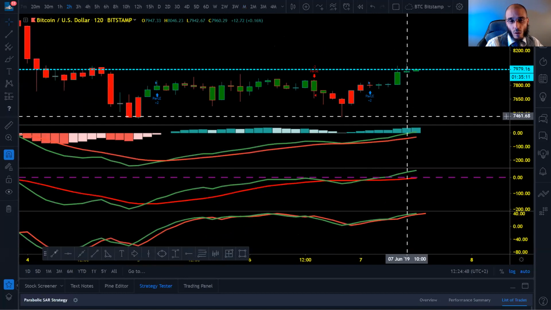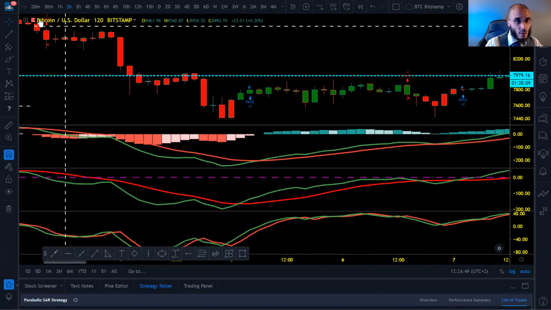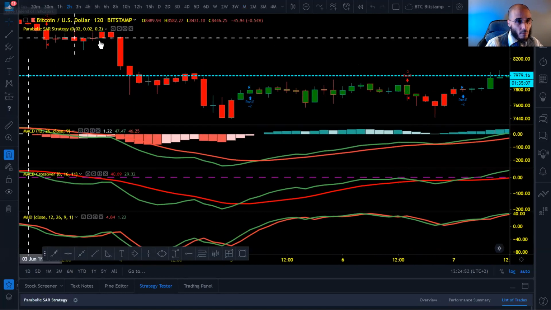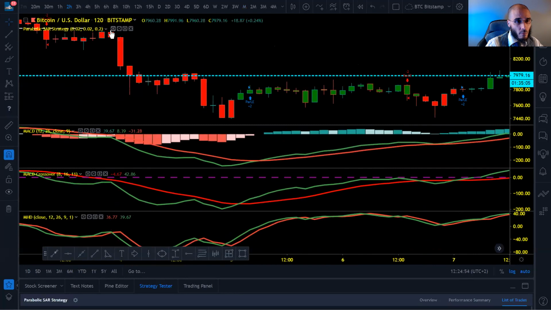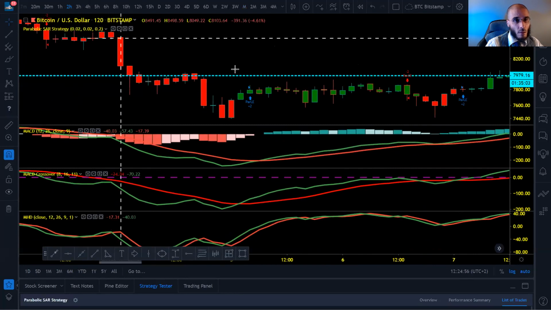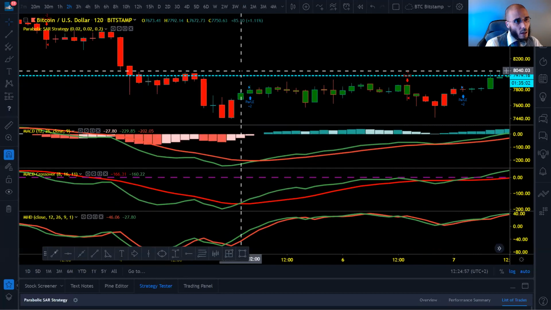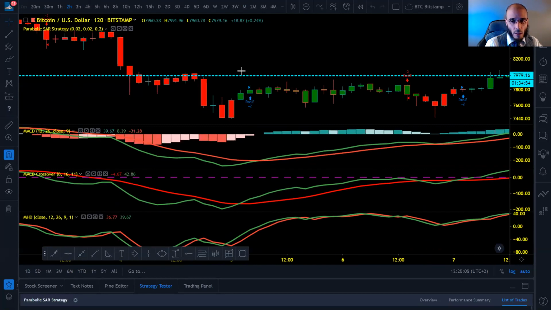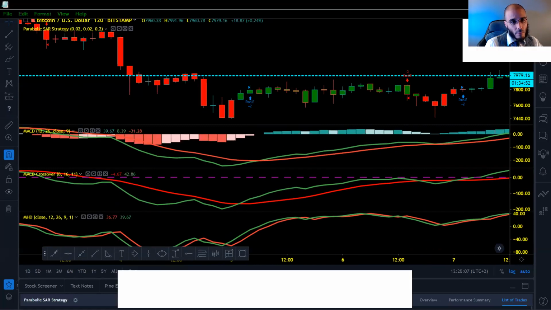Let's take a look at the 2 hour chart. I still don't see it. Maybe I'm doing something wrong. I think I jumped MACD, I'm sorry. We are on MACD right now. Next one will be Kaufman, but this one is MACD. That's why I was not getting the right information.